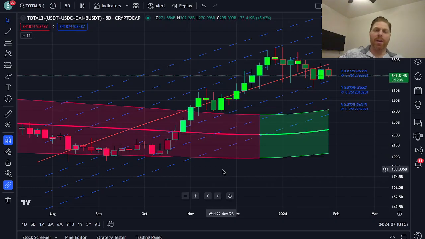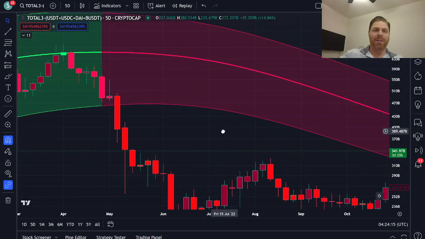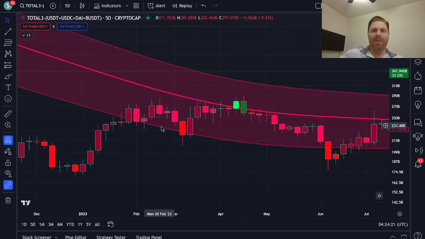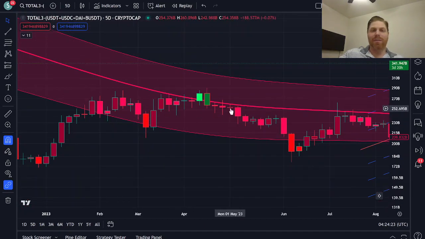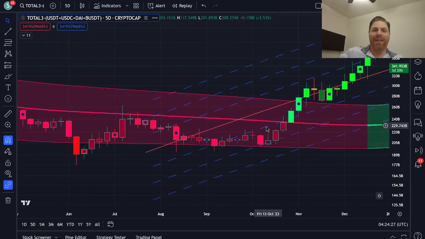Now this is the 5-day Gaussian channel, and you can see we were just red for a really long time. If you go back forever really, ever since Q2 of 2022, it's just been a nasty Gaussian channel. Finally sliced through it, got rejected, attempted again. It took a while.